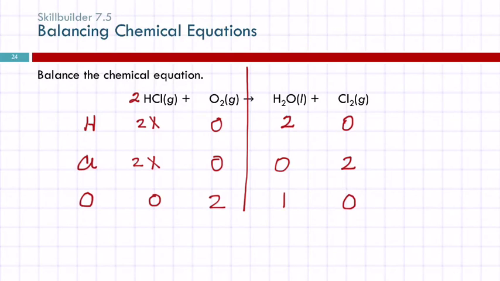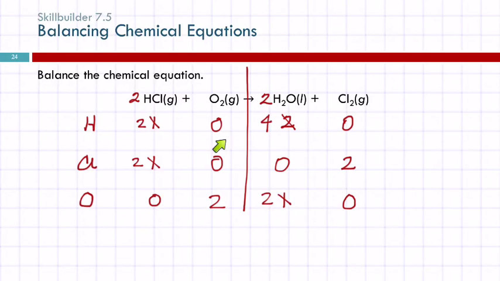Well, I'm going to have to put a 2 here because I want 2 oxygens down there, but that's going to change the hydrogens to 4. So I fixed the oxygens, but I messed up the hydrogens. Okay, so let's go back and fix the hydrogens.